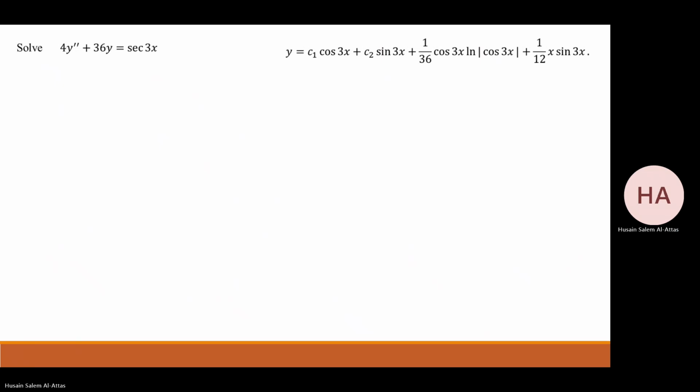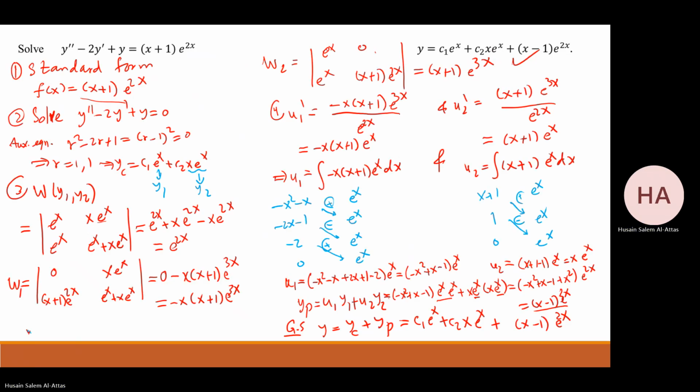Okay. Now we'll move to the second example. First, I need to be careful. Is this a standard form? This is not a standard form. By the way, can this one be solved using undetermined coefficients?